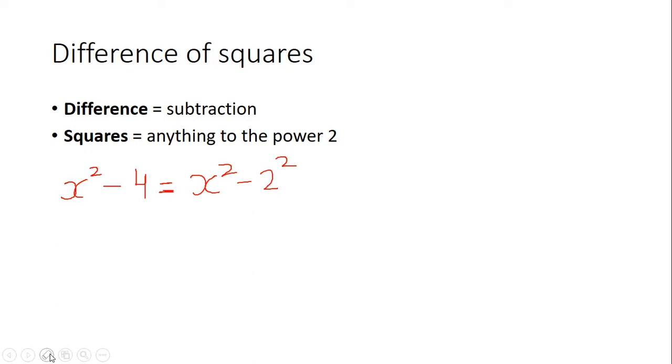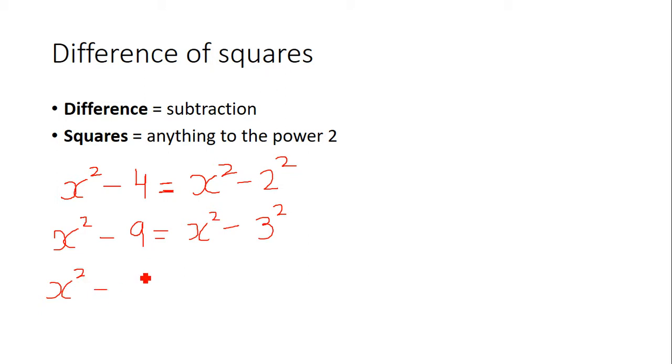Give me a next one. We could have x squared minus 9, and that equals x squared minus 3 squared.